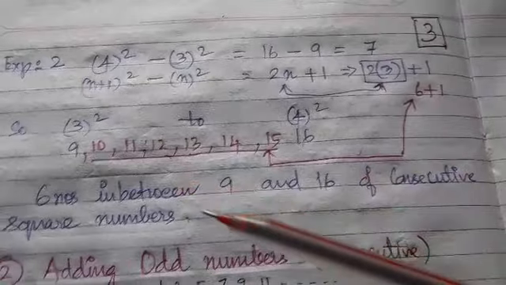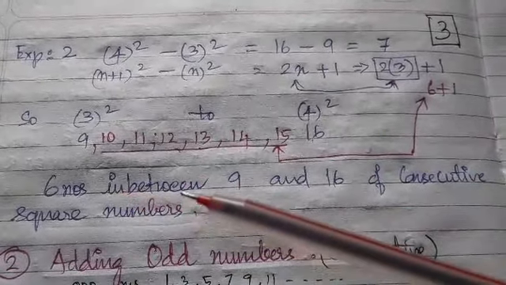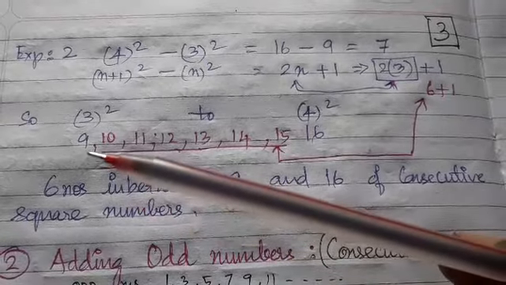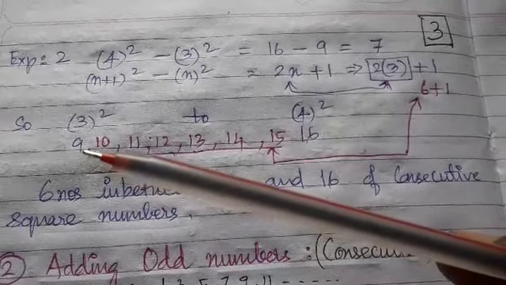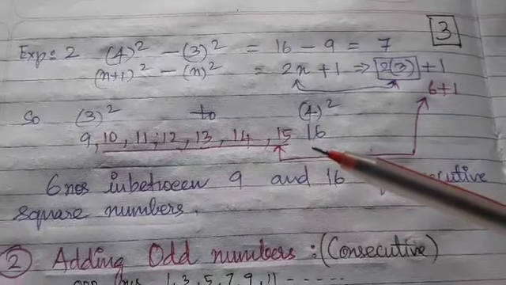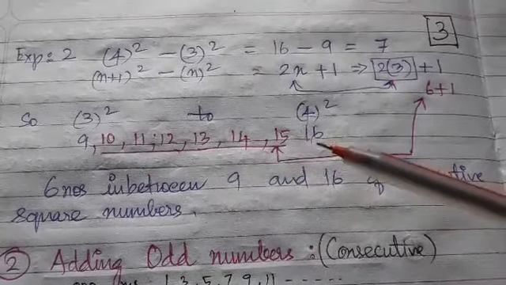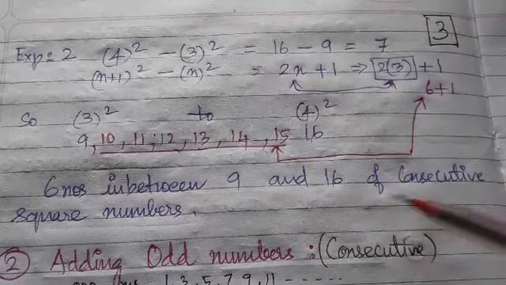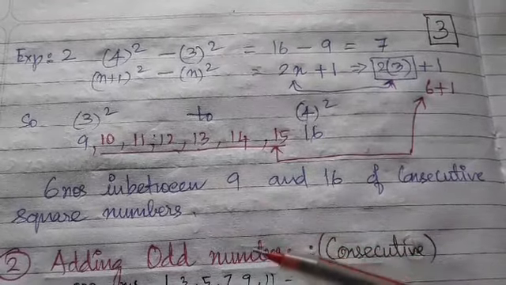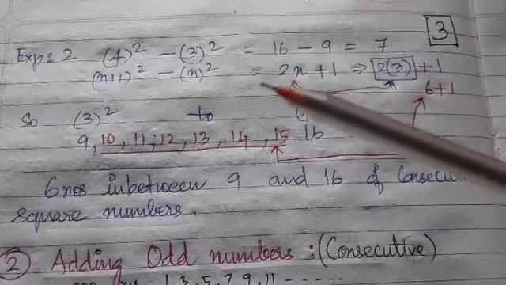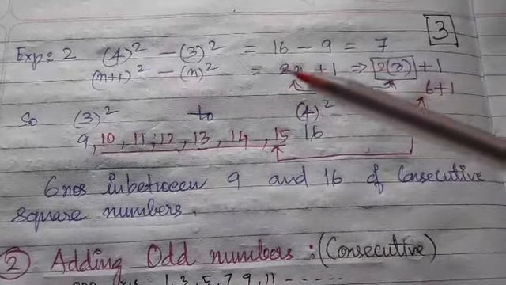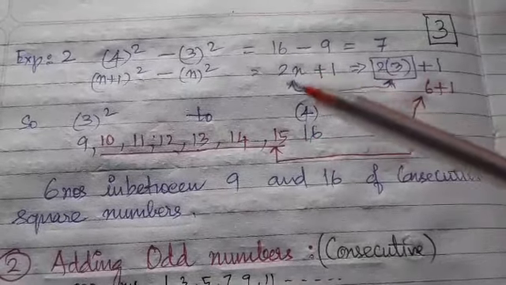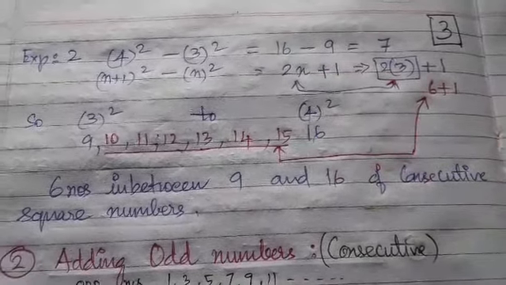So that is the number of non-perfect square numbers lying in between two consecutive square numbers. 9 is a perfect square and 16 is a perfect square. In between, 6 numbers are there. Like that, using this formula, 2n is nothing but the count of non-perfect square numbers between consecutive squares.